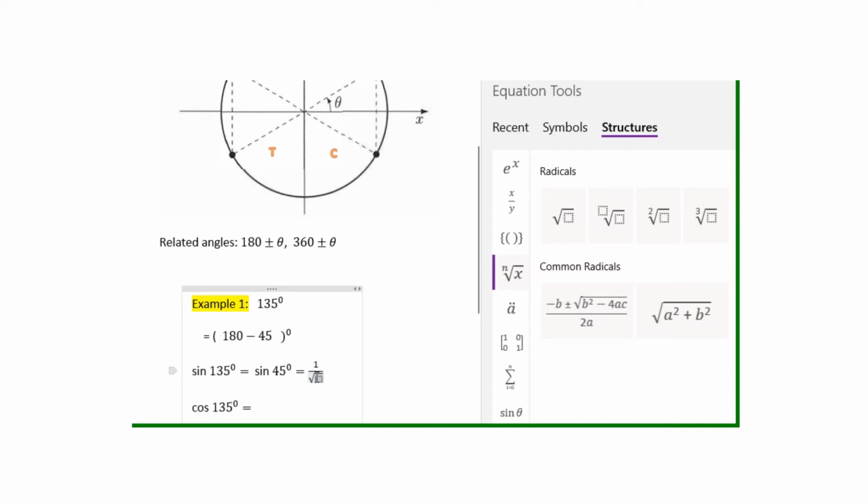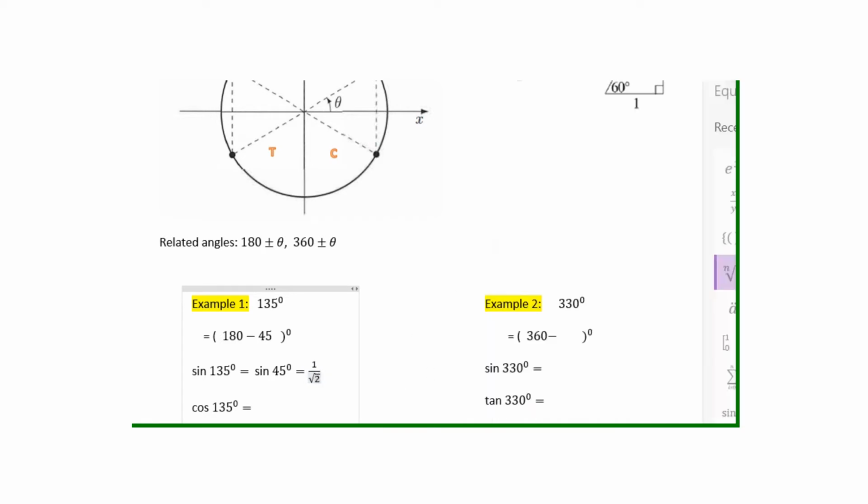The exact value of sine 135 is the same as sine 45, and it is 1 over root 2.